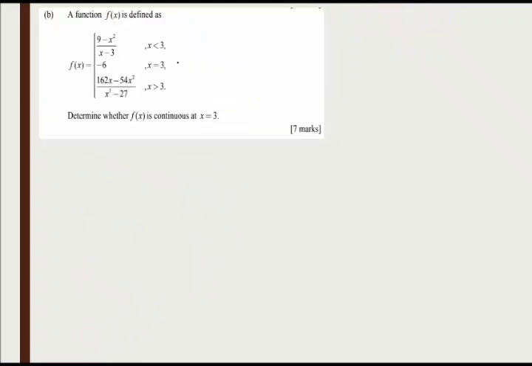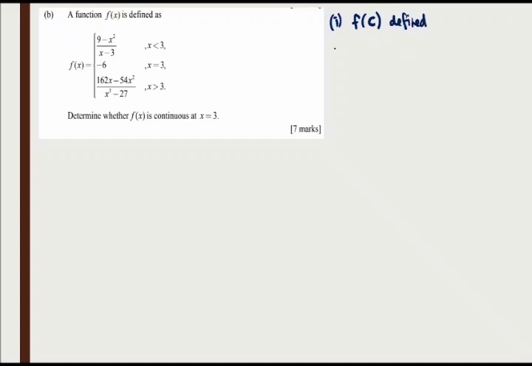Now, if we look at question part B, we want to determine whether f(x) is continuous at x equals 3. If you still remember, we have three conditions for continuity. Let's say the continuity we want to check is at c. First, f(c) must be defined.